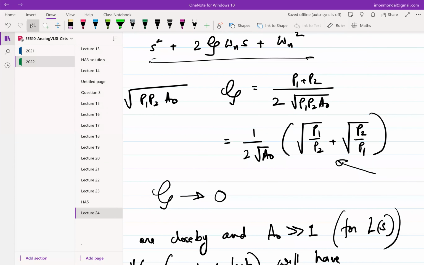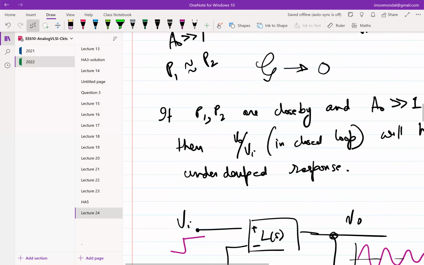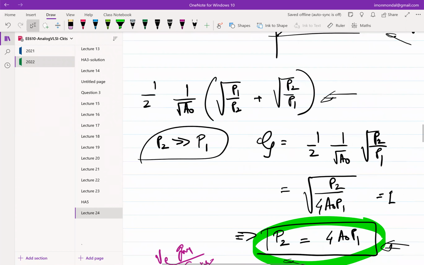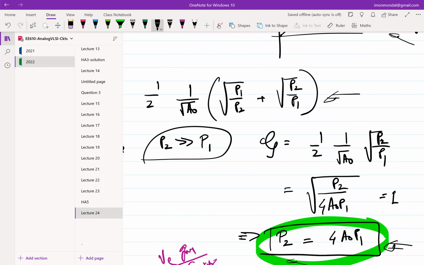So this was the expression. And if I further assume that the poles are far apart, then zeta is essentially this. So zeta equal to 1 means P2 equals 4 times A naught P1. If you hit this condition, then you get zeta equal to 1. So that is a design variable which is in your control.